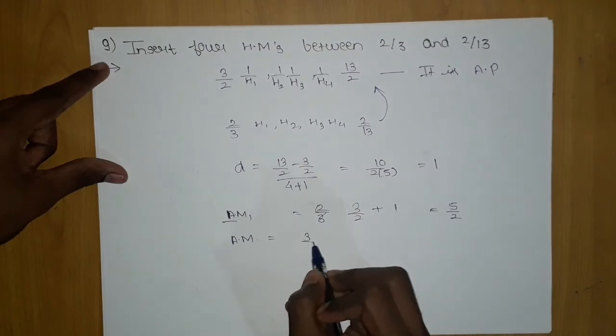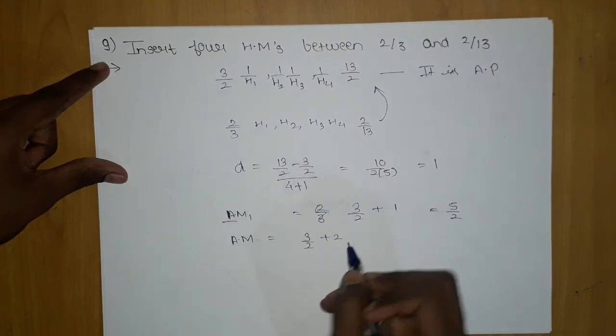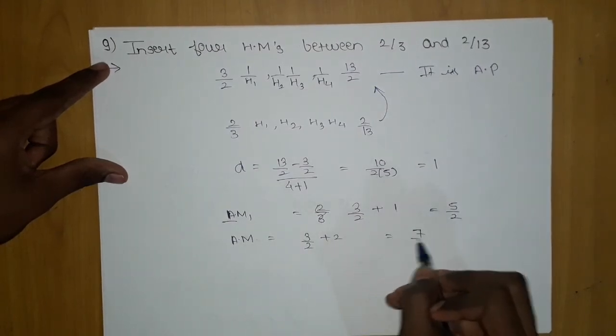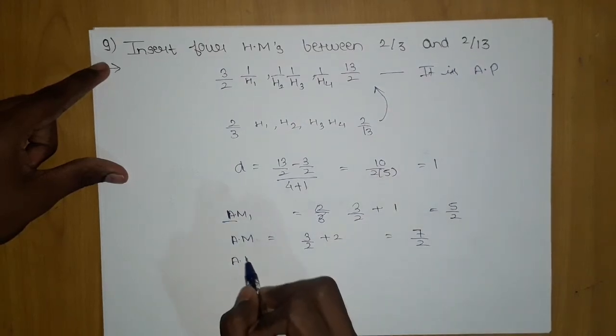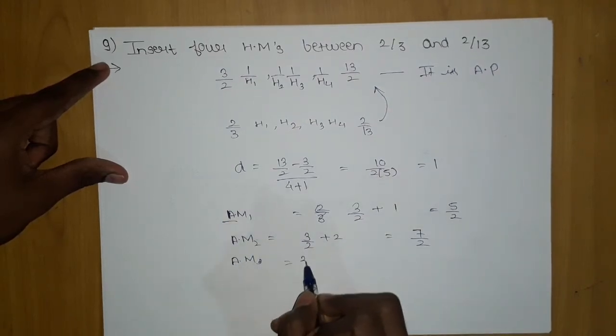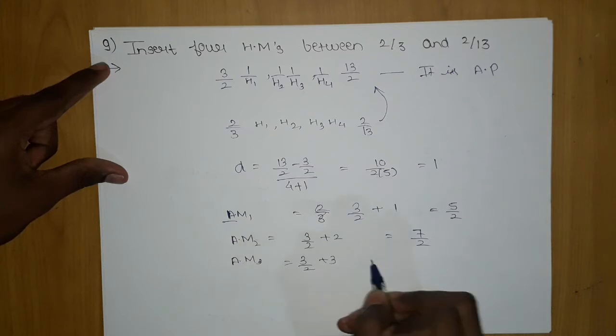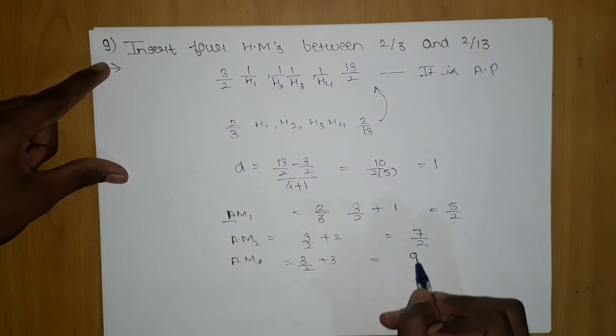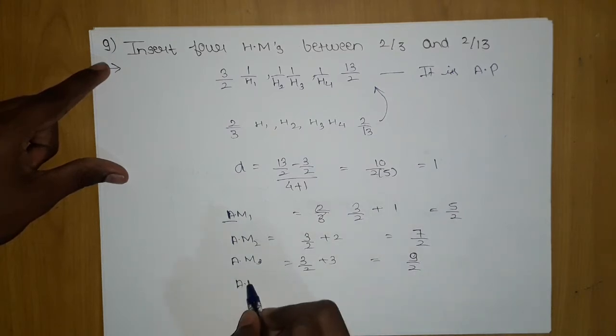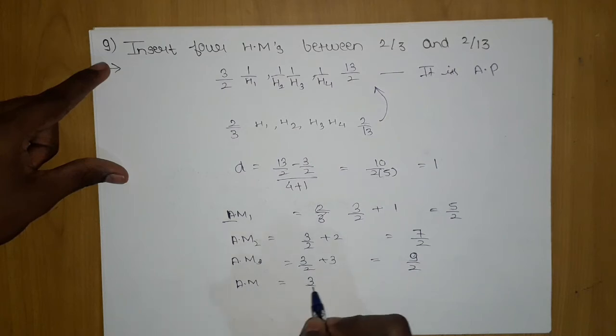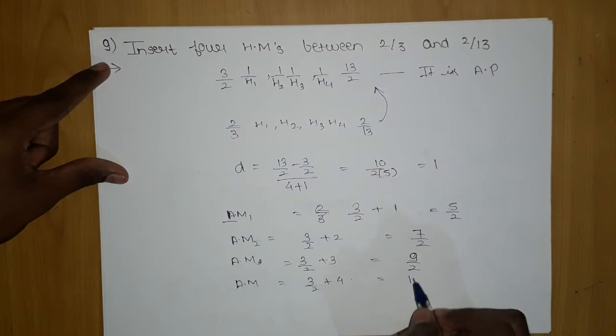Second AM is 3 by 2 plus 2, which is 7 by 2. Third AM is 3 by 2 plus 3, which is 9 by 2. And the last AM is 3 by 2 plus 4, which is 11 by 2.